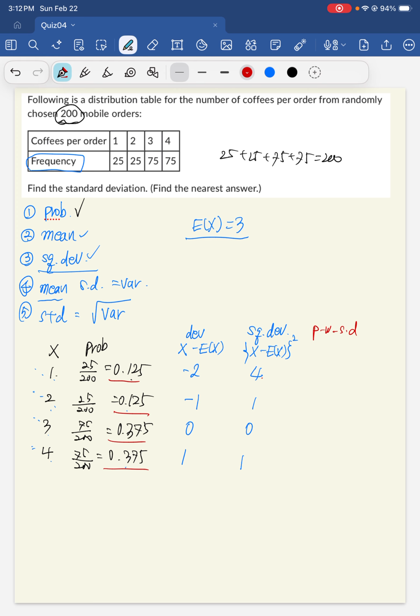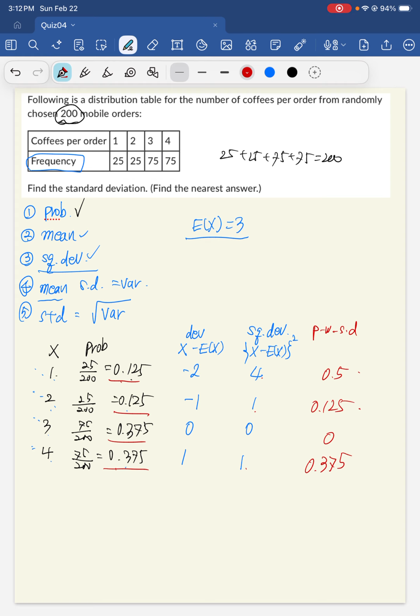4 times 0.125 is 0.5. And 0.125 times 1 is 0.125, times 0 is 0, and 0.375 times 1 is 0.375.